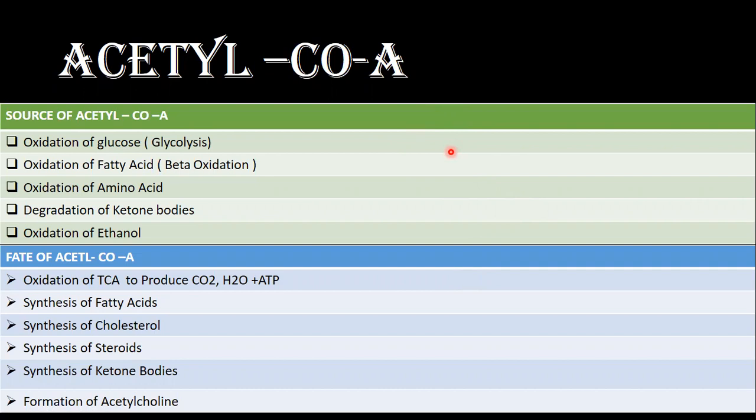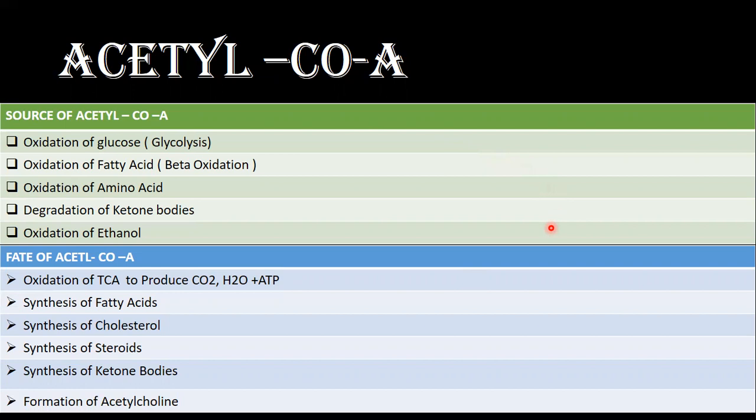Write it down, it's an MCQ. Free fatty acid is converted into acetyl-CoA in a reaction catalyzed by acetyl-CoA synthetase, and the enzyme is thiokinase. Here the utilization of 1 ATP is present.